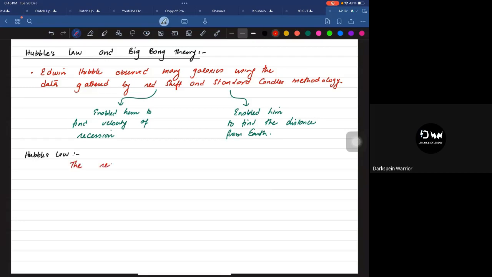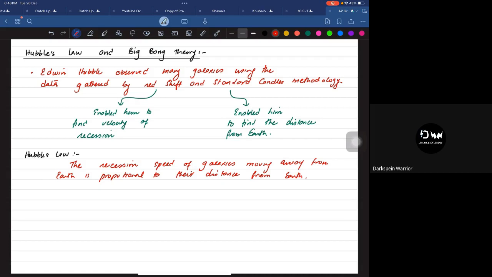It says the recession speed of galaxies moving away from us is proportional to their distance from Earth, which basically means that the further away they are from us, the higher their speed as well.